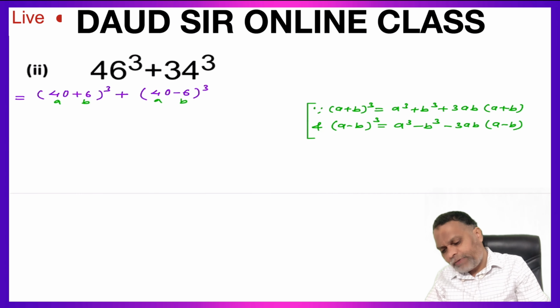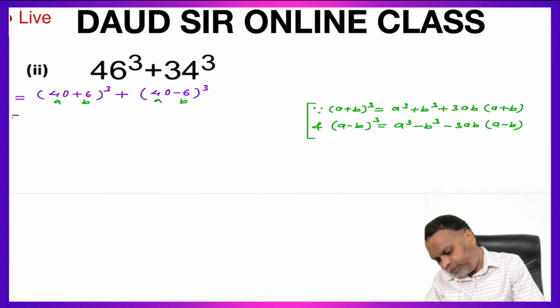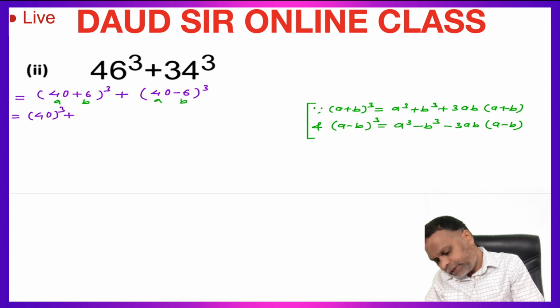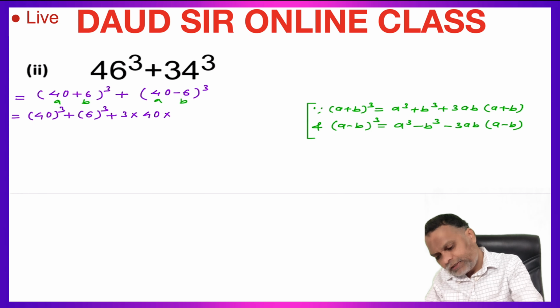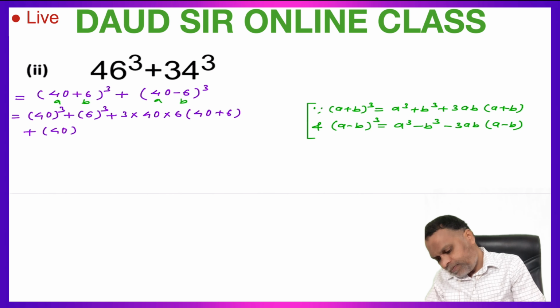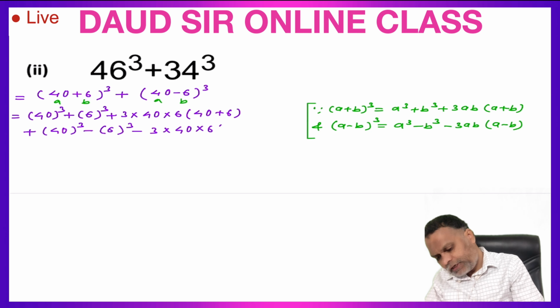Apply the identity in both the brackets. So A cube, 40 cube plus 6 cube plus 3 into A 40 into B 6 into (A plus B), so 40 plus 6, plus, in the second term (A minus B) whole cube, 40 cube minus 6 cube minus 3 into 40 into 6 into (A minus B), 40 minus 6.